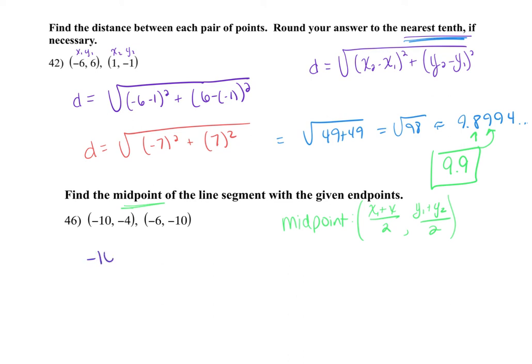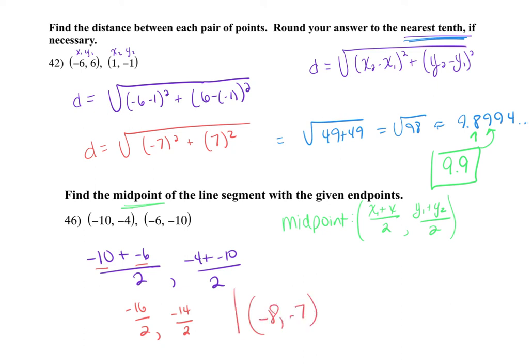So for this one, you would add your x's, add your y's, and then simplify. You have -10 plus -6 is -16 over 2. -4 plus -10 is -14 over 2. When you reduce those, you get -8 and -7, which would be your midpoint here.